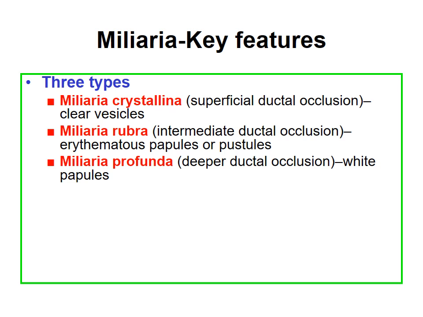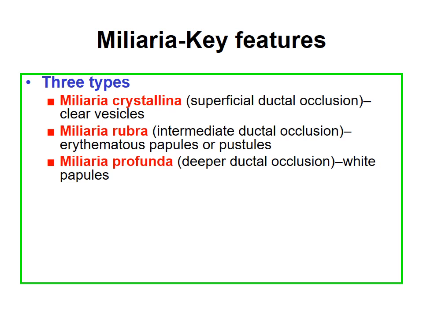Miliaria key features: three types, according to the level of obstruction of the eccrine sweat duct. If the obstruction is superficial, it leads to clear vesicles; this is called miliaria crystallina. If the obstruction of the duct is intermediate, this is called miliaria rubra, and the result here will be erythematous papules and pustules, not vesicles. Sometimes, but the dominant ones here are papules and pustules.